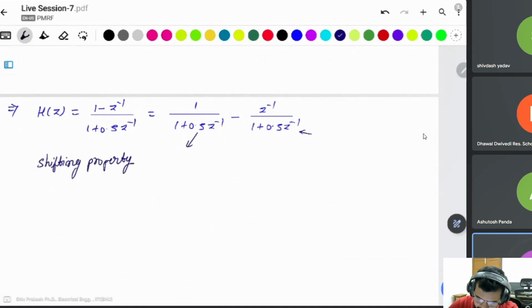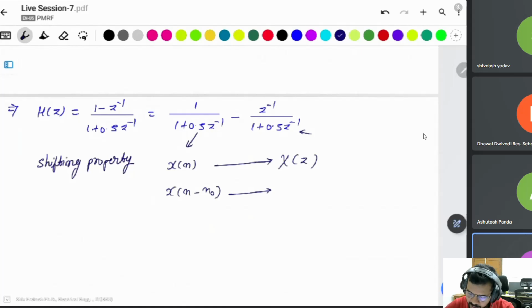If there is some x[n] and X(z) is its Z transform, and we put some delay in the system, then the same delay is reflected in terms of z to the power of minus n naught, times X(z).